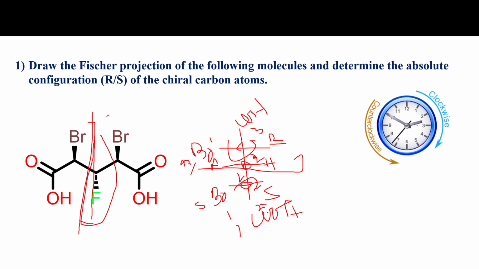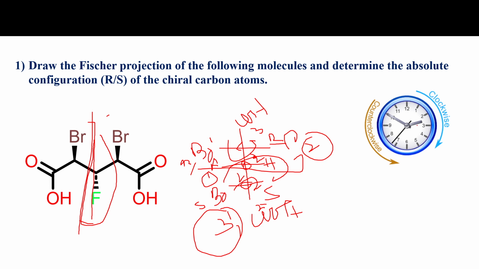These two are the same group, but that R1 we give more priority than the S1. So the fluorine will be first priority. So R1 will be the second priority, and this one will be the third priority. And hydrogen is 4.